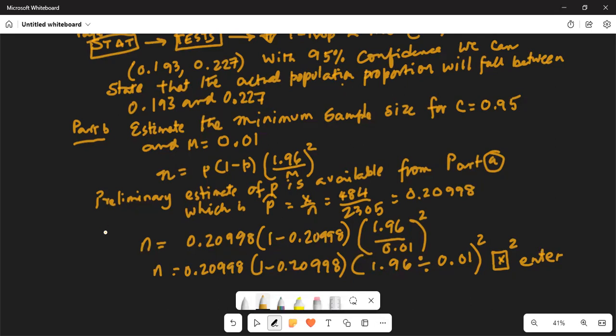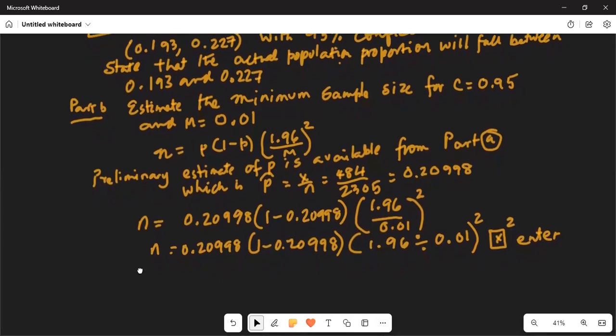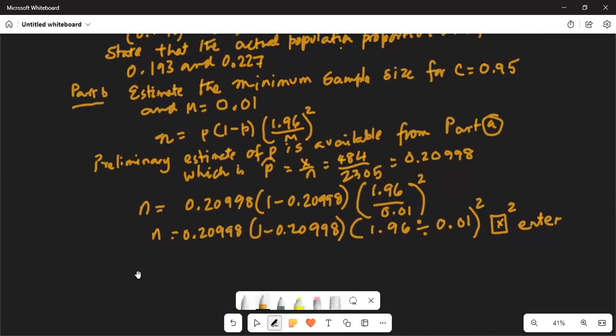And the sample size, I round it up to the next higher number. N is equal to 6,373. This is the minimum sample size necessary.